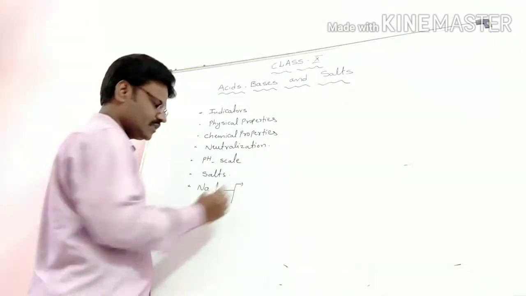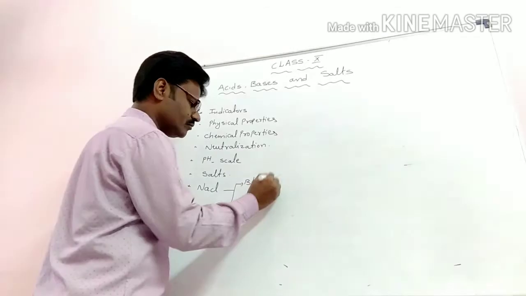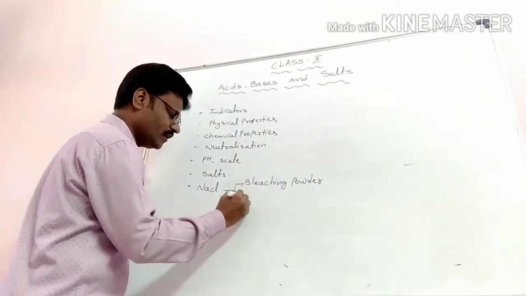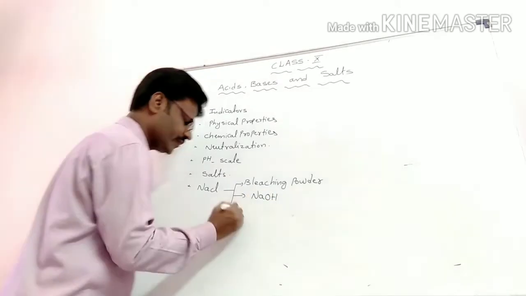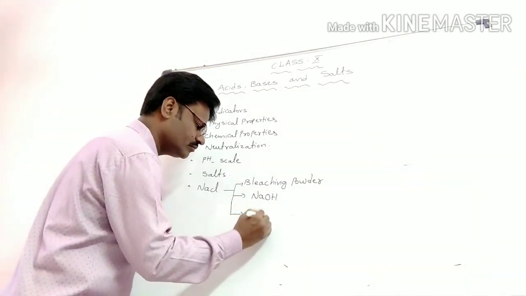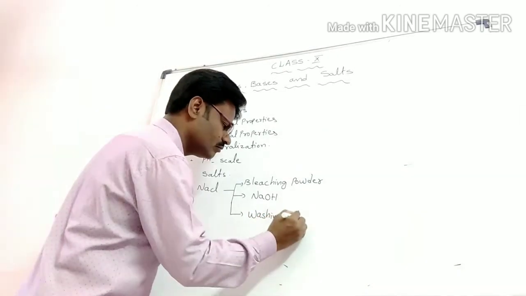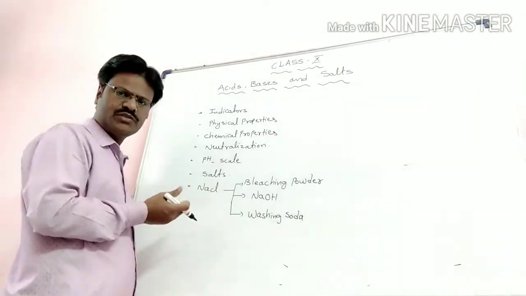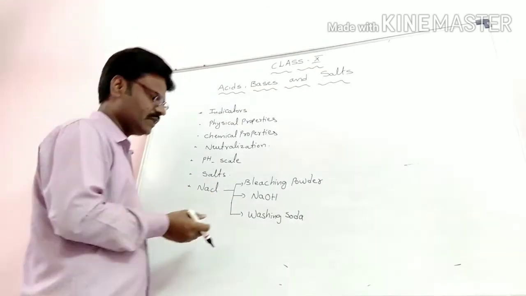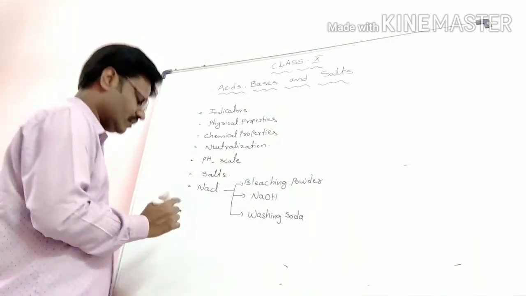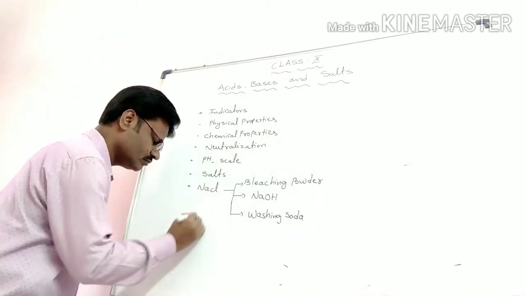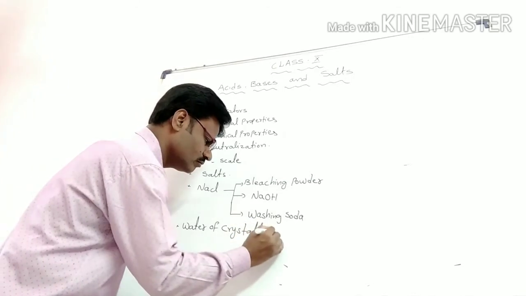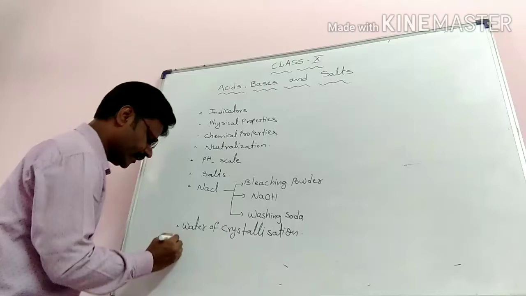From sodium chloride, that is bleaching powder, preparation of bleaching powder, preparation of sodium hydroxide, washing soda, and these various compounds we are preparing from sodium chloride, and their use: bleaching powder, sodium hydroxide and washing soda, and water of crystallization, and plaster of Paris.